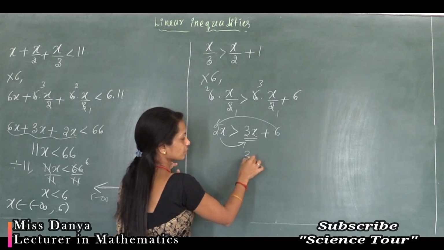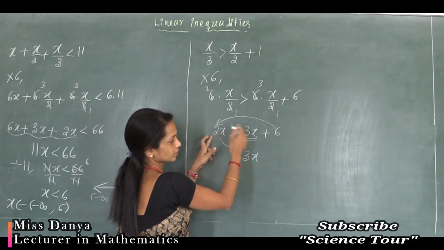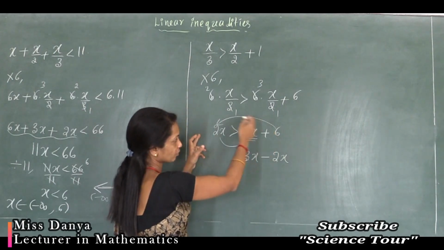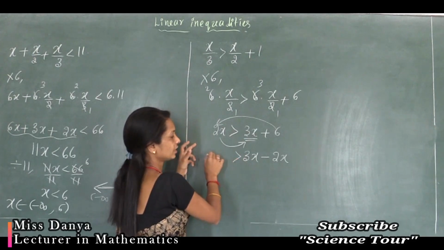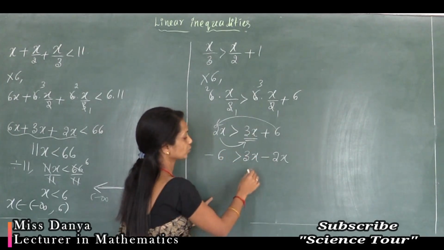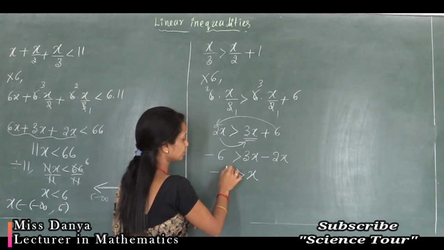Okay. So 3x is already there on the right side, so without change you have to write 2x, you have to shift to the other side as minus 2x, and 6 we are shifting to the left side as minus 6. Now you simplify 3x minus 2x, that is x, and the symbol you have to carry the same, and minus 6.